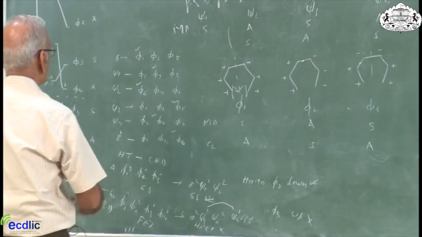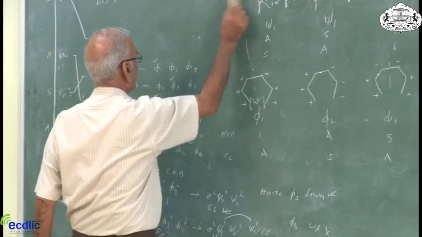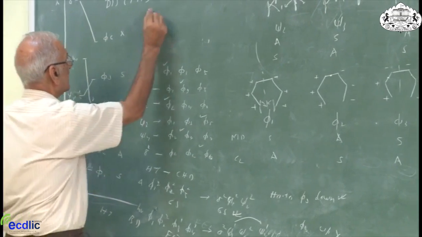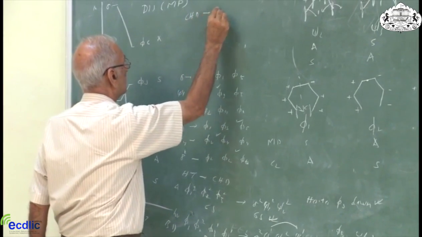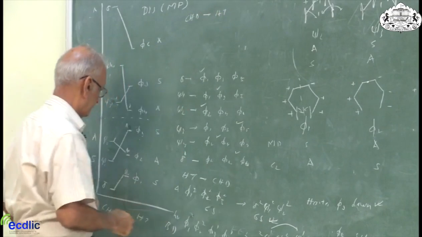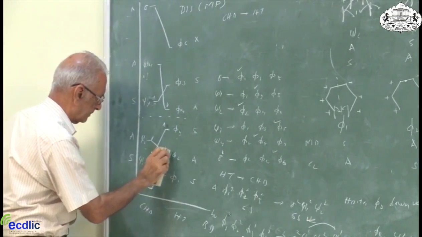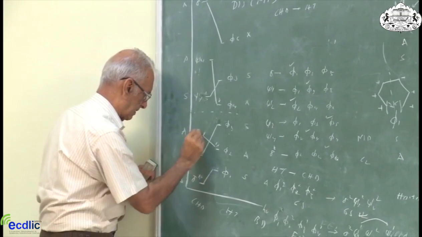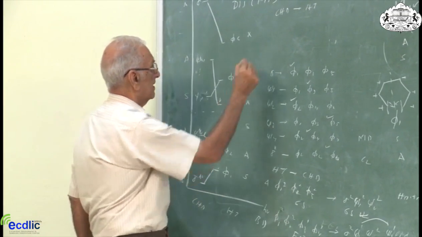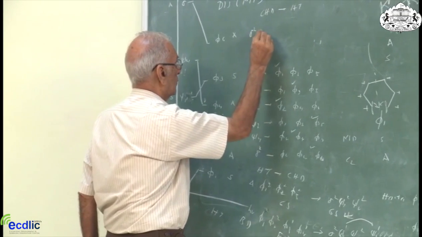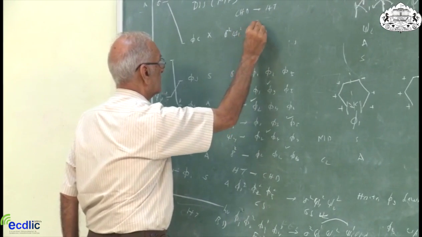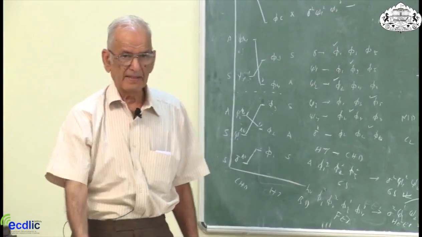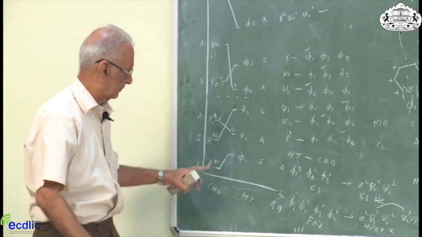Let us look at the back reaction, cyclohexadiene going to hexatriene. Sigma 2, psi 1 2, psi 2 2. Where do these electrons go?